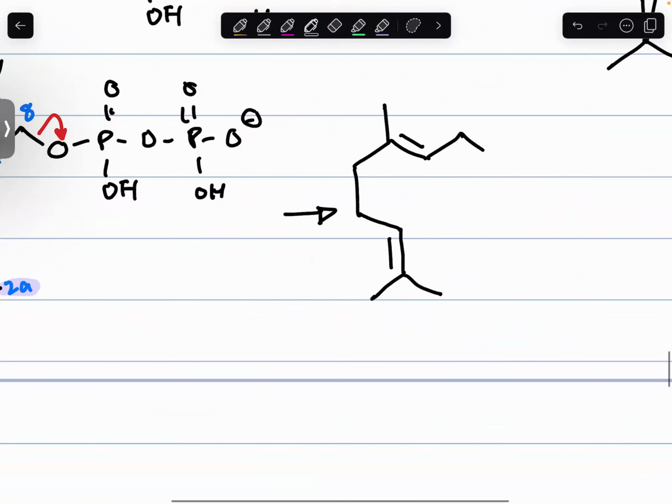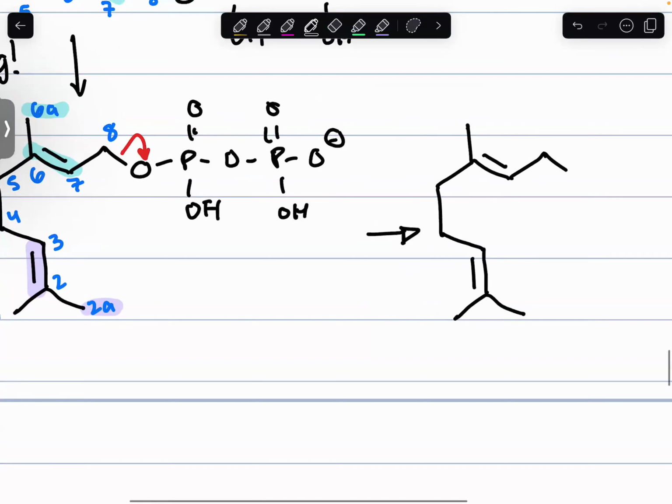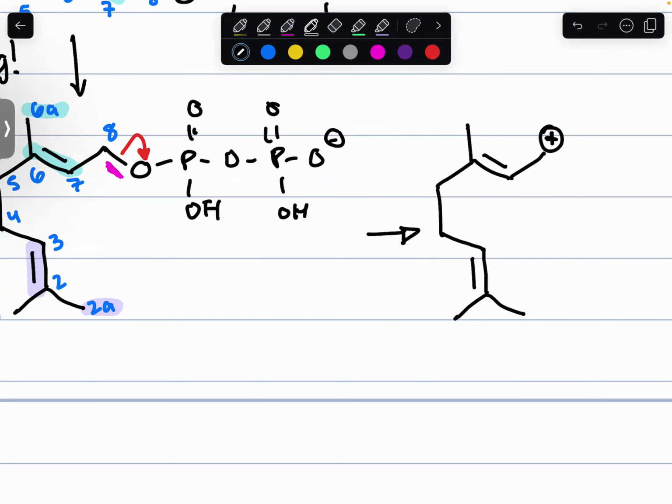If that left, what have we formed? If it took the electrons from here, what happened at the carbonate? It's a cation now. It is now electron deficient. And alkenes are what? Rich or deficient?